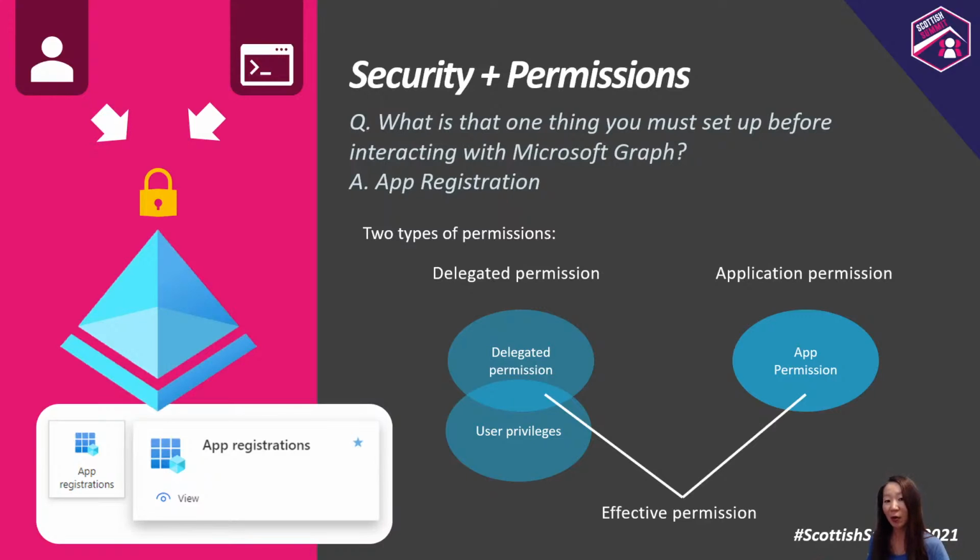Delegated permissions are also known as on behalf of permissions because it's actually the application that is making the request on behalf of the user. Therefore, the effective permission is the least privileged intersection of the delegated permission and the user privilege. Whereas the application permission will be the full level privilege applied and consented by what is set in the app registration. Let's keep this in mind as we discuss the concepts in the demo.